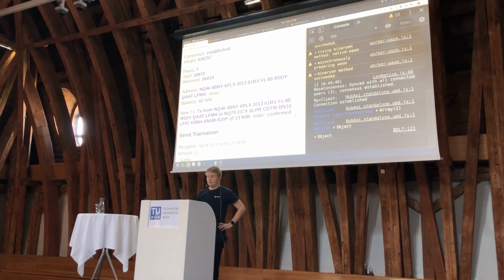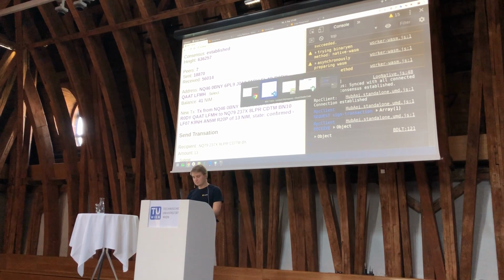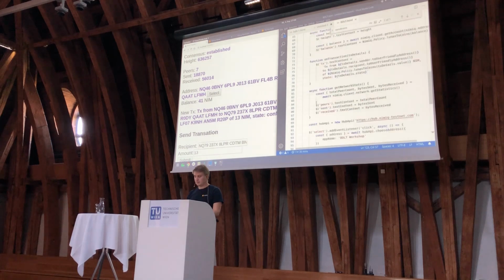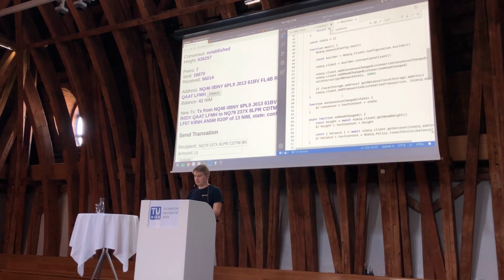All this is naturally configurable. That's why it's called a configuration builder. So you can actually change things in the configuration. You can add the mempool functionality so that your app also can have a mempool and get to know about other people's transactions that are going on in the network.